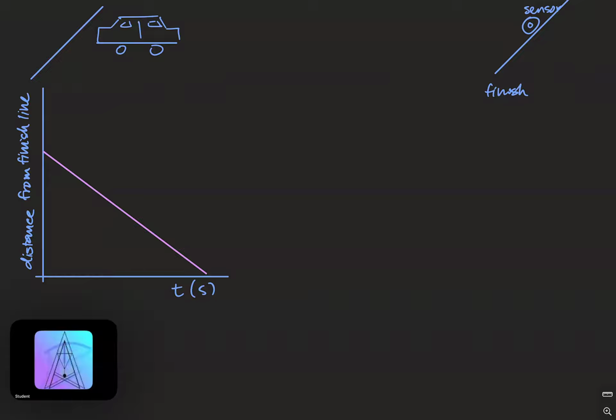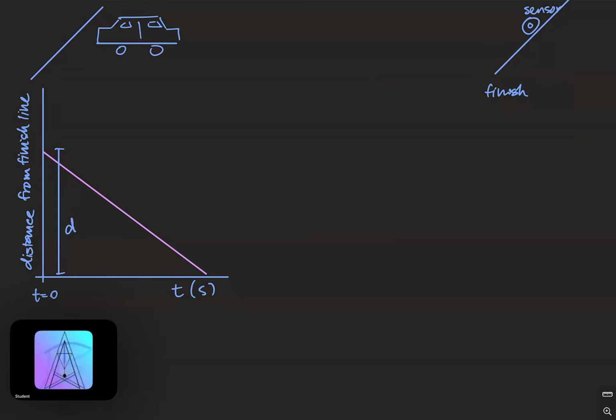Let's start with, so we know that the sensor is actually measuring the distance from itself to the car, right? So at time t equals 0, the distance is not 0, right? It's some distance away, and we can call it distance d, okay?